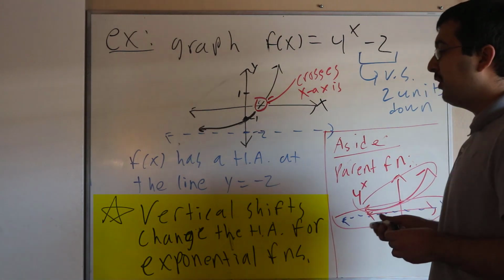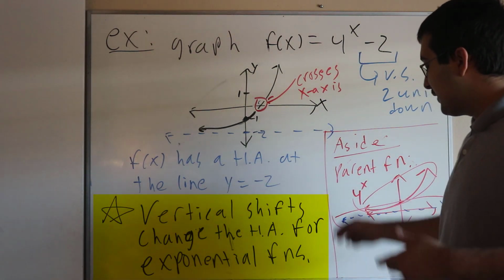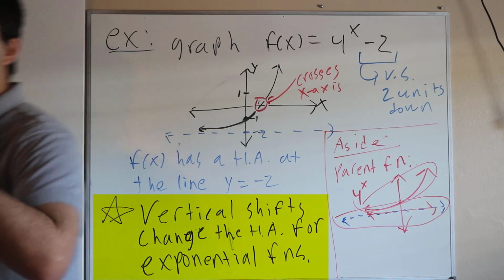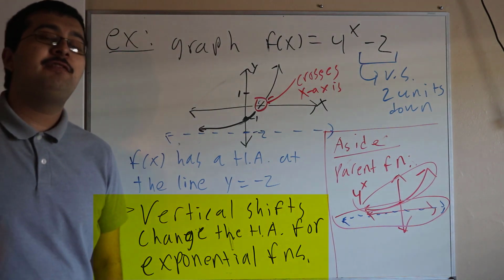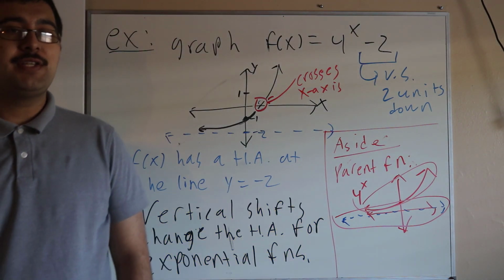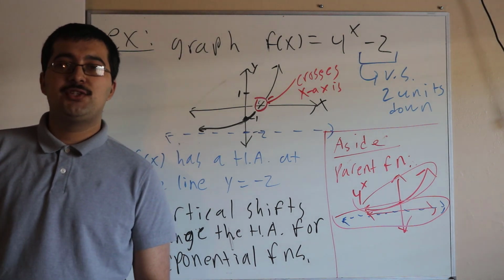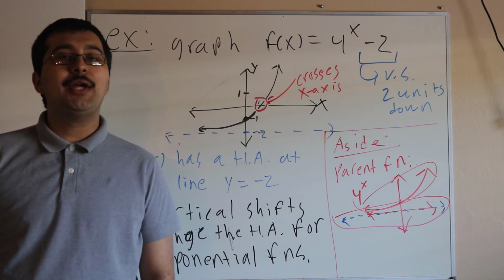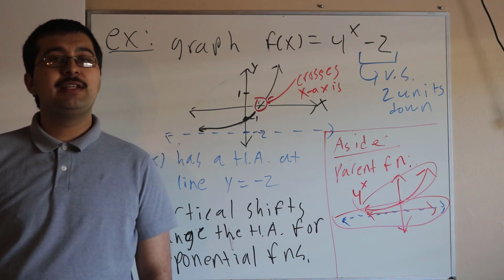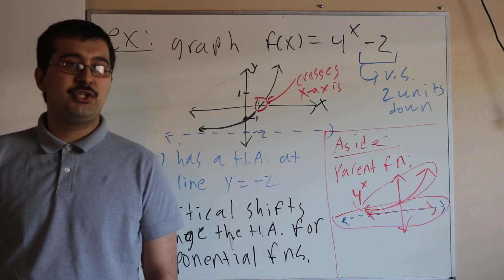So that's definitely an important note for today's lecture: whenever we're graphing these exponential functions, if you identify a vertical shift being present, that means you need to understand that the horizontal asymptote has changed as well. It's no longer going to be at the line y equals 0. It's going to be at a new place depending on whatever that vertical shift was.